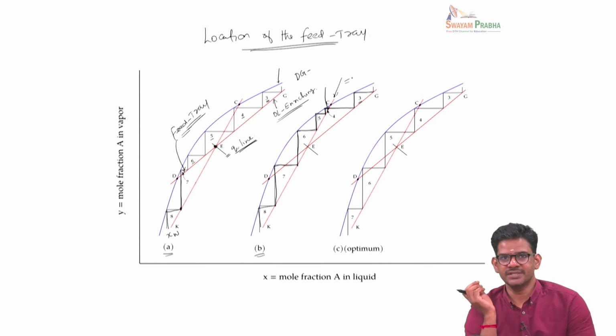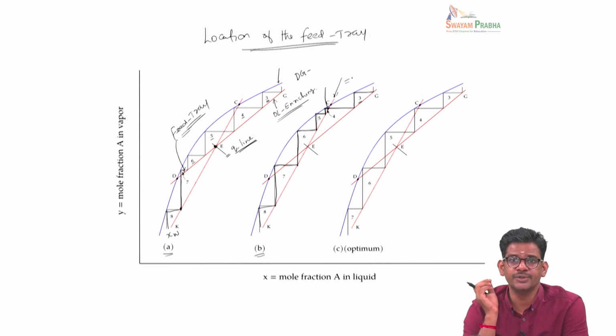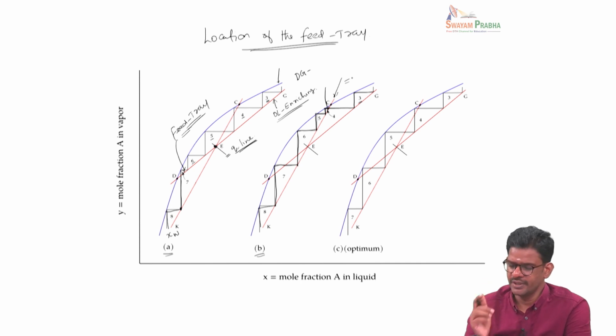But if you ask what is the optimum location to introduce the feed, what we need to do is construct the staircase diagram, and whenever we cross this intersection point, we take the operating line that gives the largest step size. For instance, let's follow this particular staircase construction.